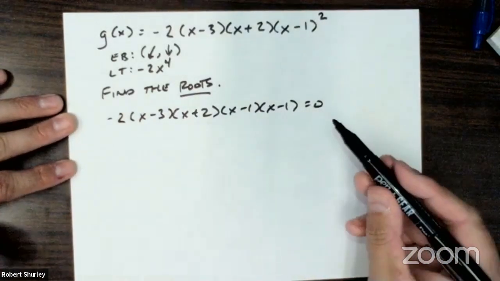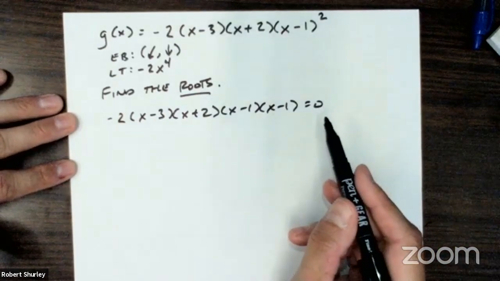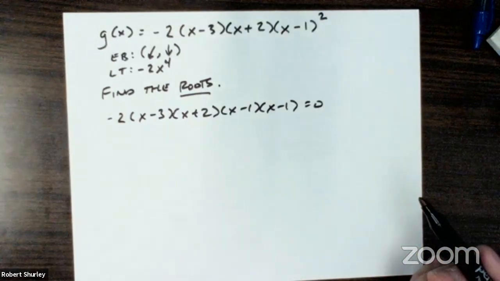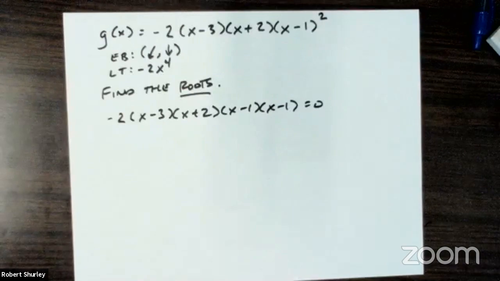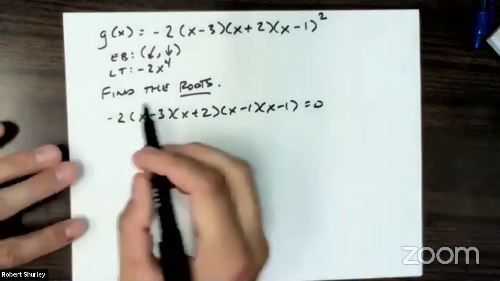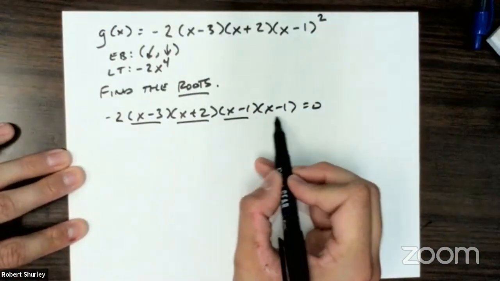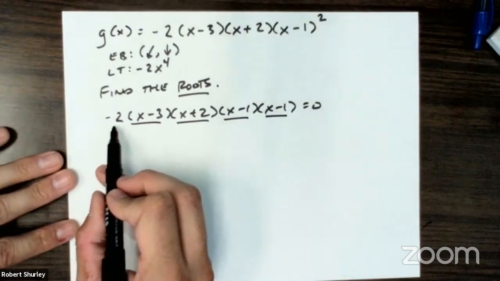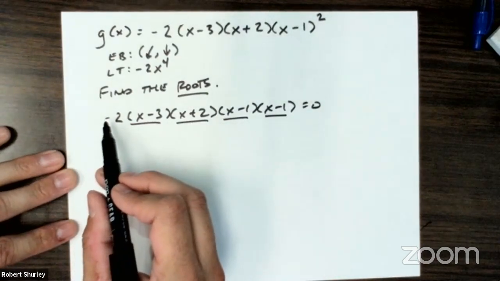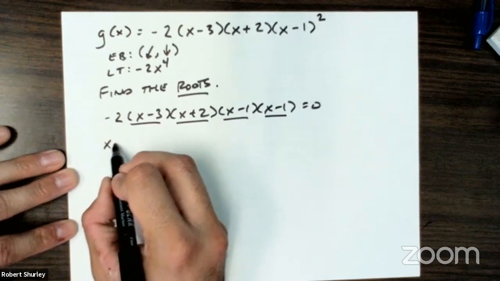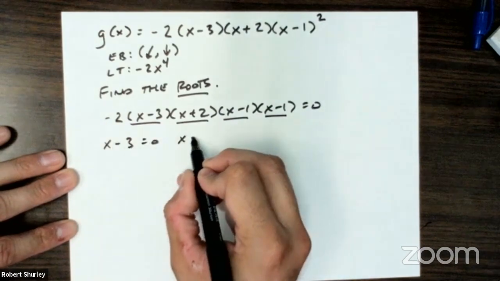What's nice about it being in factored form already is I don't have to do all that work. I don't have to factor by grouping or factor the trinomial. This is already completely factored. I don't have to worry about that -2 because it doesn't have an x value. So I'm going to set each one of these equal to 0.